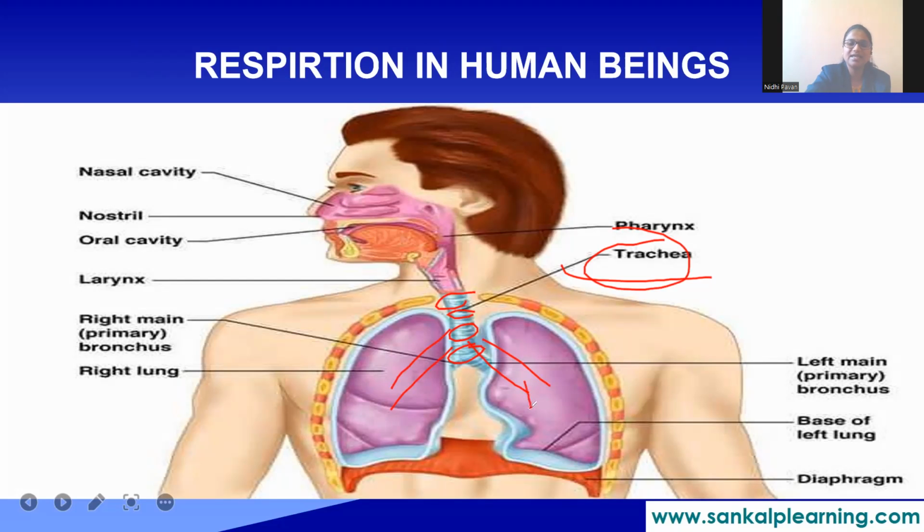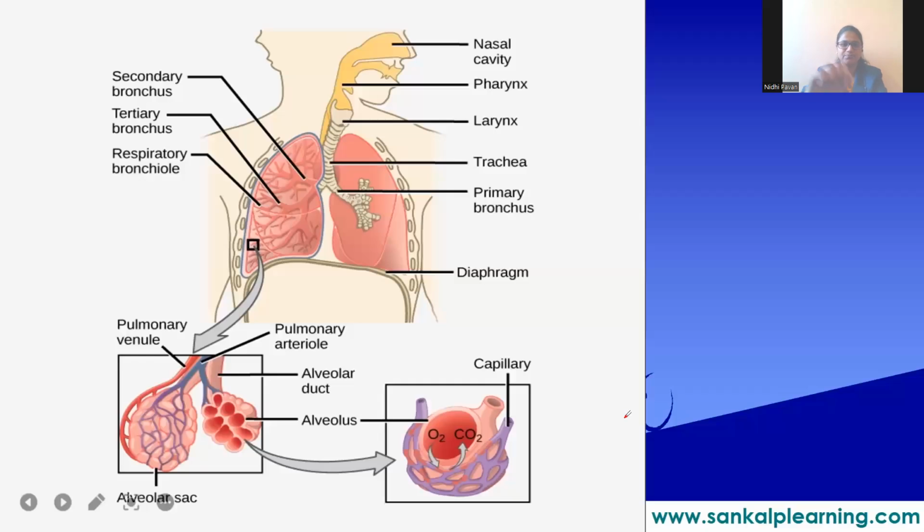Again, the trachea is divided into branches which are called bronchi, plural bronchi and singular bronchus. Again the bronchi are divided into small branches which are called bronchioles. Let me show you. You can see here these are the bronchi and these are the bronchioles.